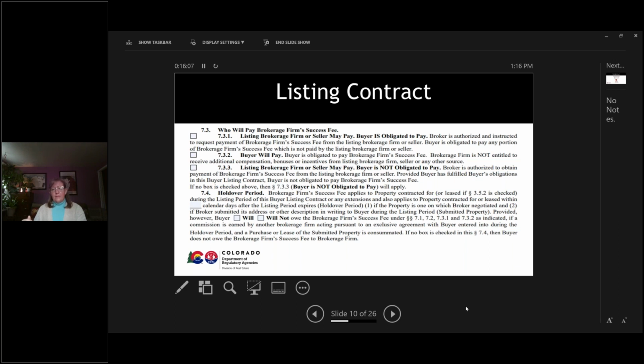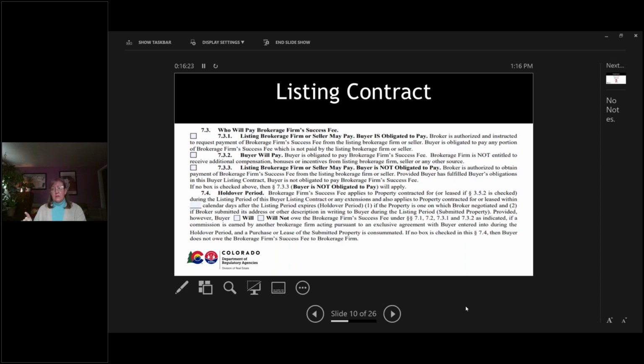So if the flat fee that the listing broker is offering to pay the buyer's broker as a cooperating commission is less than what you've agreed to pay your broker on the buying side, you are responsible for making up that difference.